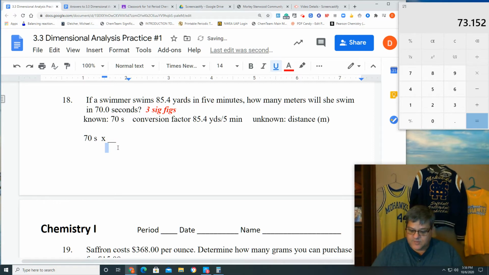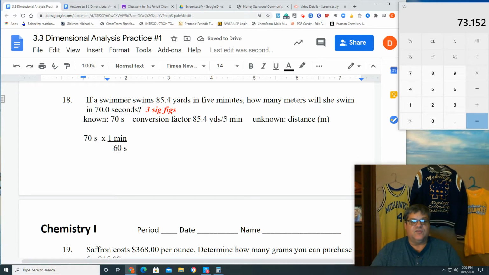We're going to put 60 seconds and underline that, and we're going to put 1 minute on the top. Make sure that's underlined. Okay, now we've got it in minutes.